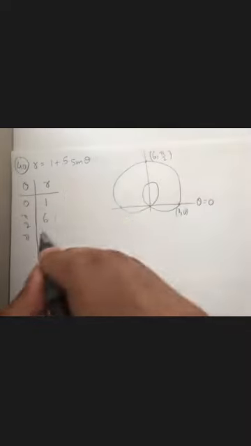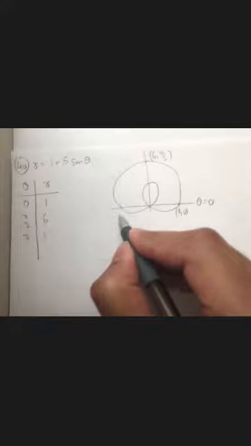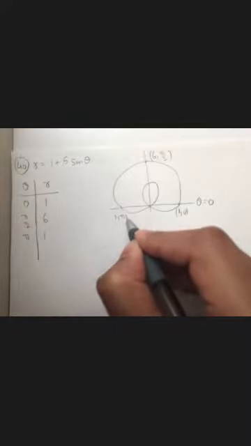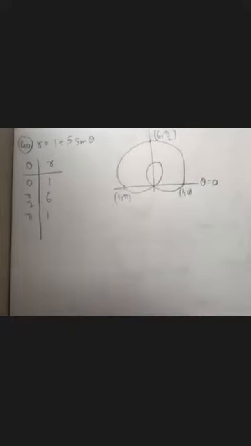Next, we go to pi. Sine pi is 0. So this point is 1 comma pi. Next, we go to 3 pi over 2.